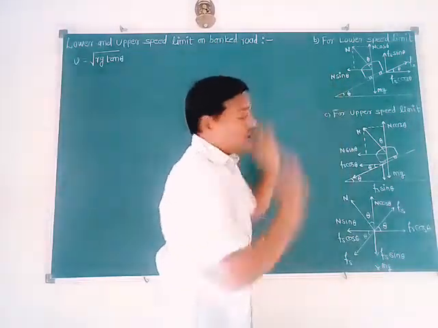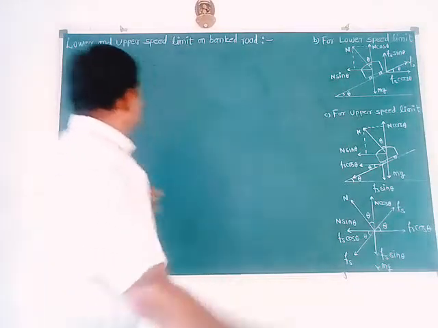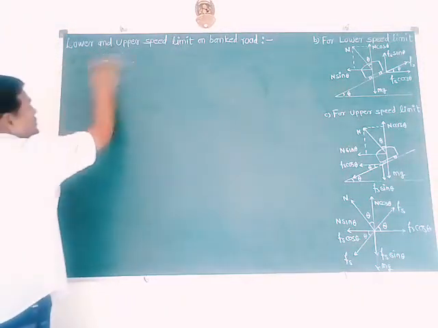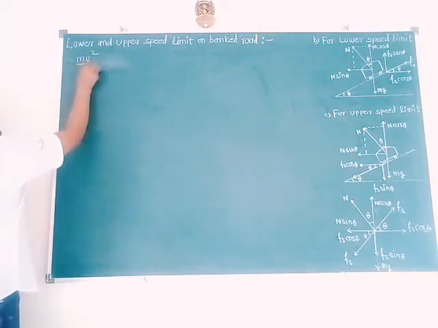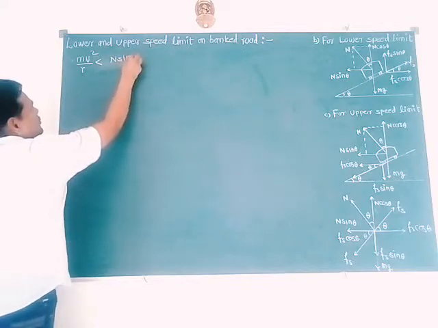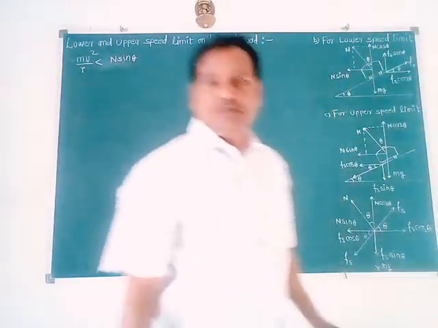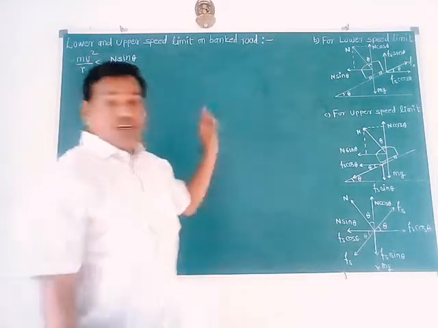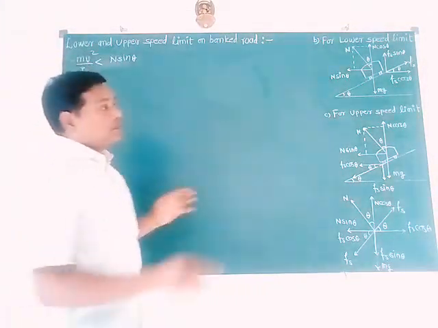So for the lower speed limit, the centripetal force v square upon r must be less than n sine of theta.